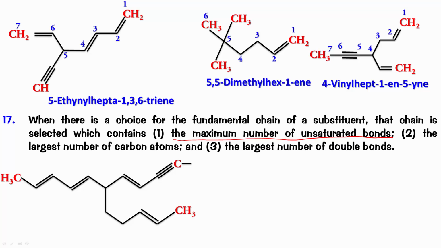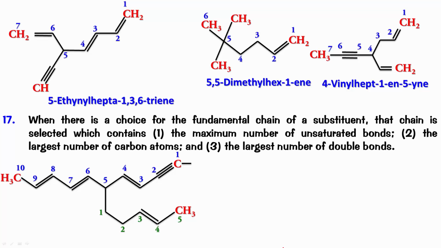So where do you find the maximum of unsaturated bonds? It is this one. There are 4 of them. So the numbering, and obviously this automatically gets number 1 because it is the one attached to the fundamental chain. So 1, 2, 3, 4, 5, 6, 7, 8, 9, 10.